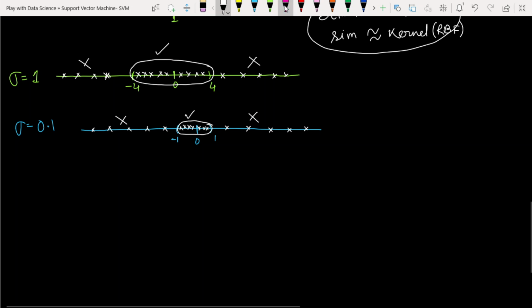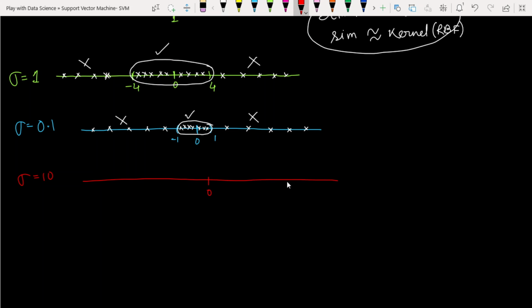If we consider sigma equals 10, we are now spreading our data set. 0 here we are not using, 40 minus 40. Now here we are considering this point.